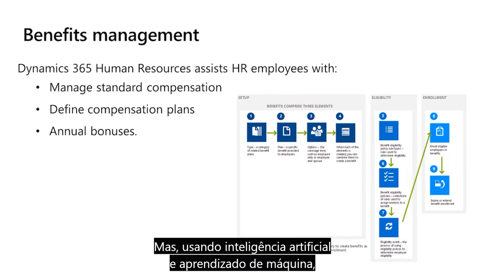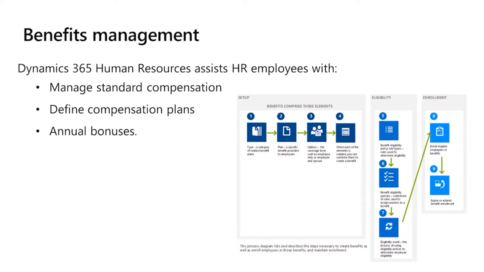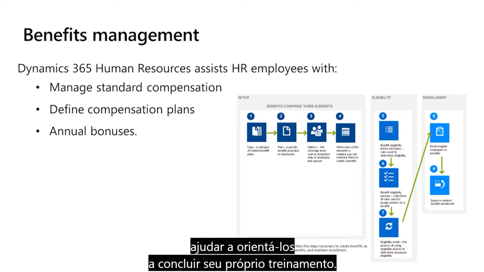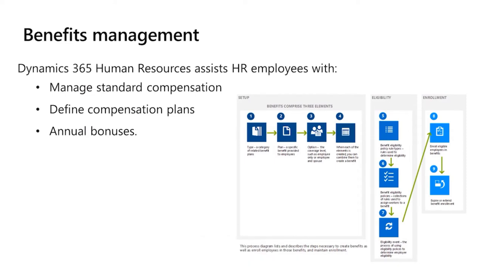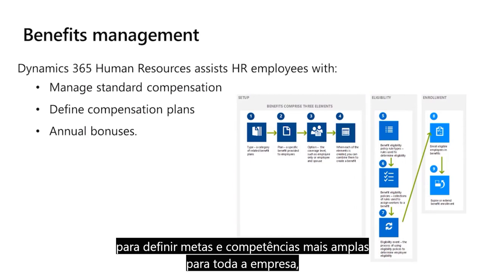But using artificial intelligence and machine learning, you can actually have the tools help suggest professional development resources for your employees. And this will help motivate them to enrich their own careers, help guide them to complete their own training. Essentially, you're using this employee development workspace to set broader goals and competencies for the entire business.